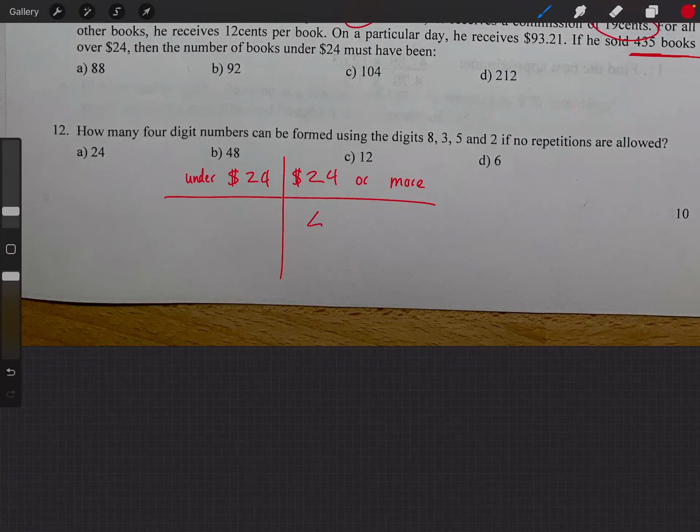So 435 times the 19 cents. Each book gives him 19 cents, but he sold 435 books over $24, so he gets 19 cents multiplied by 435.